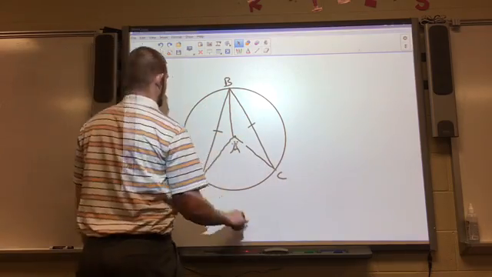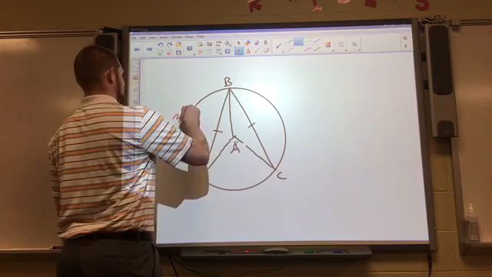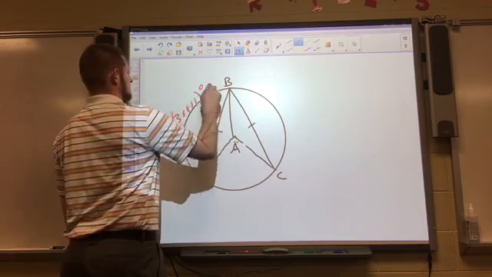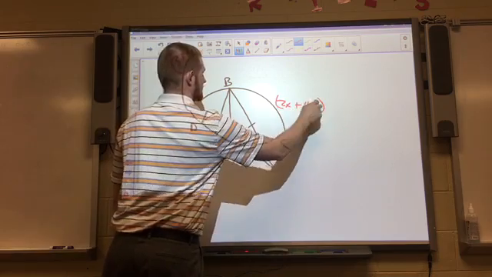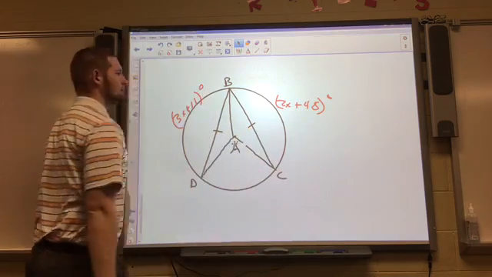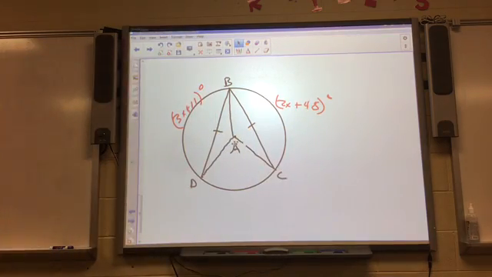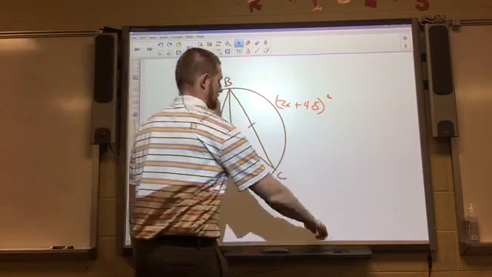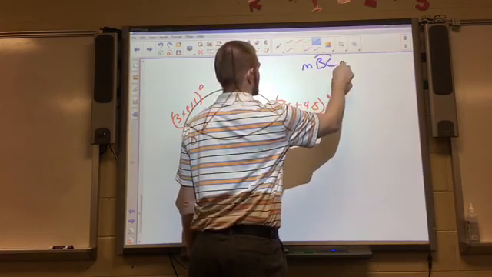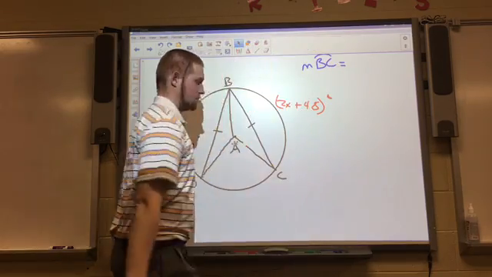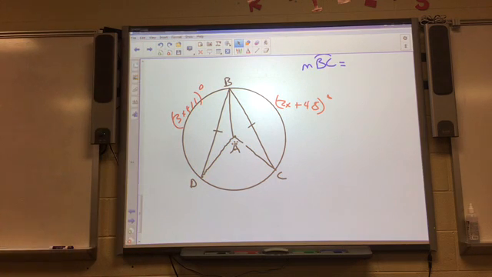Okay, so if I were to put some numbers in here, 3x plus 11 degrees and 2x plus 48 degrees, and then they asked you to find the measure of arc BC, what would you do?